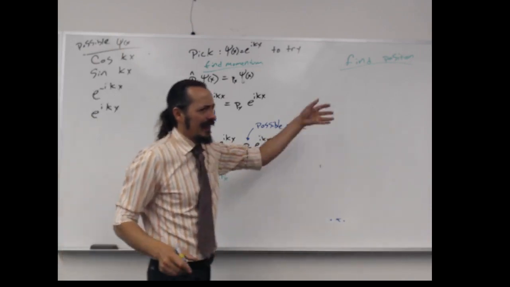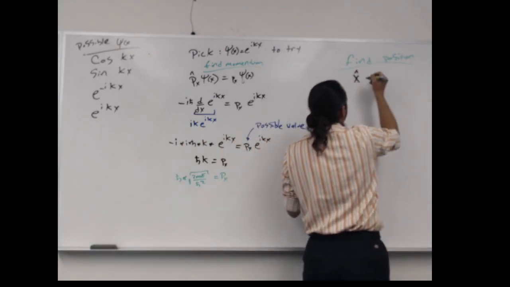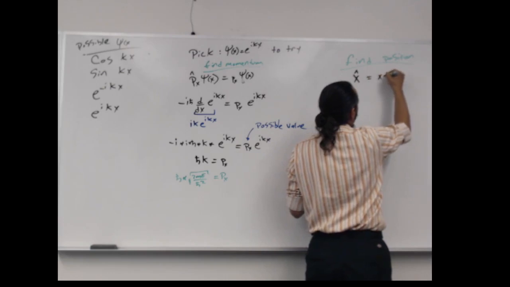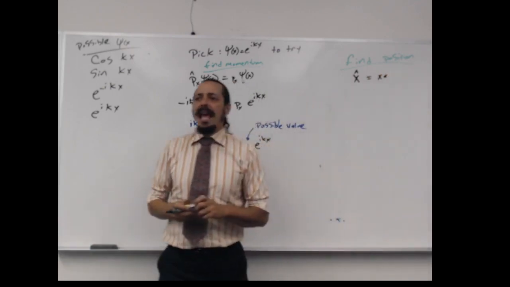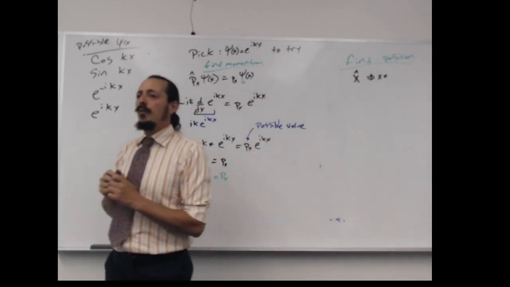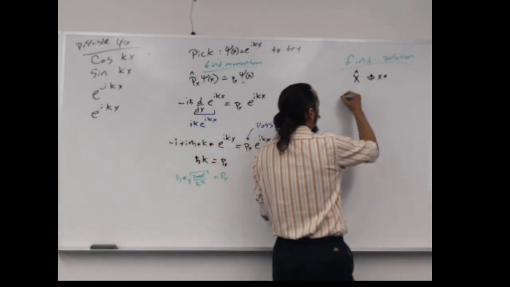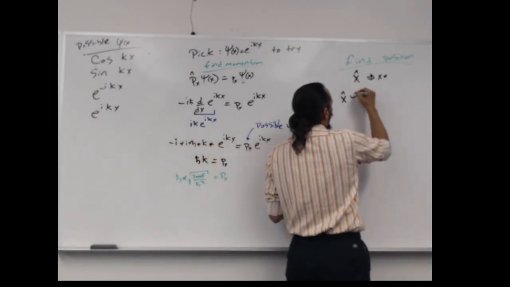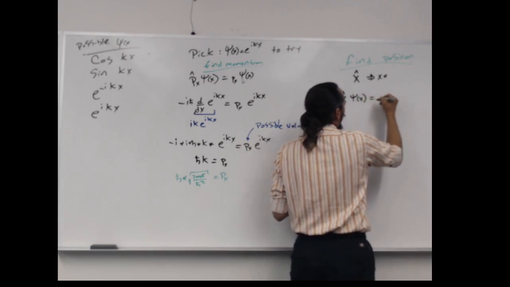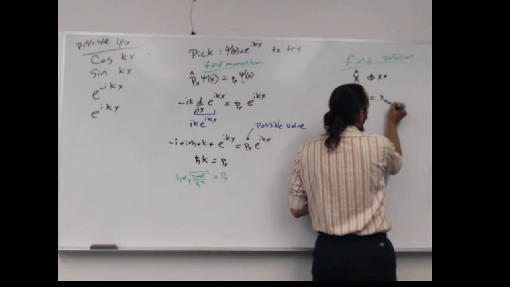But let's see how this comes out. The position operator in quantum mechanics is just multiplied by x. So if I want to find x hat on my psi of x equal to some x value, I'm going to call it x value.